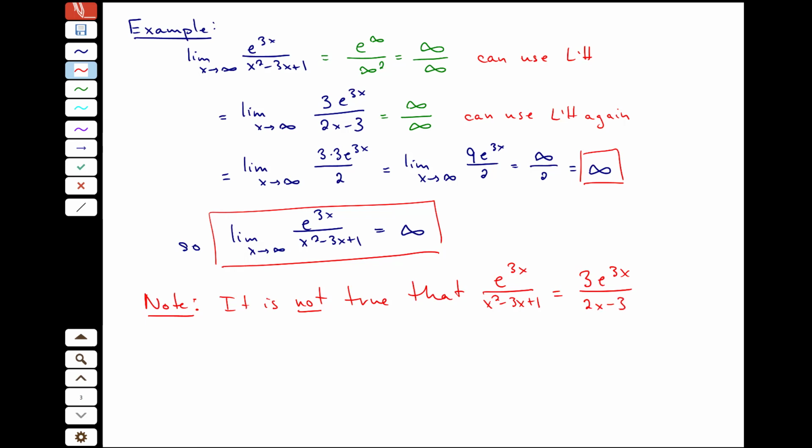This is ridiculous, right? I can't just take the derivative of the top and the bottom and set that equal to my original function. So it is not true that these are equal. What L'Hopital's rule says is that the limits are equal.